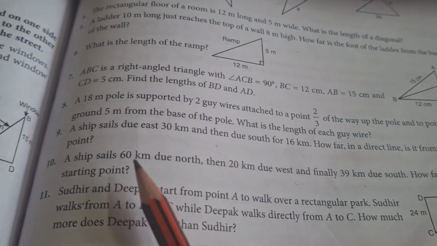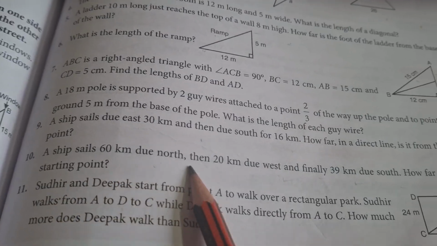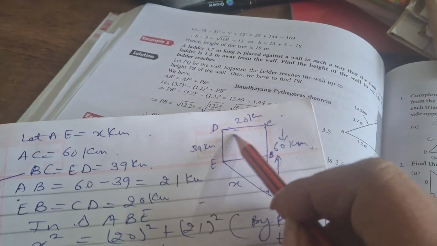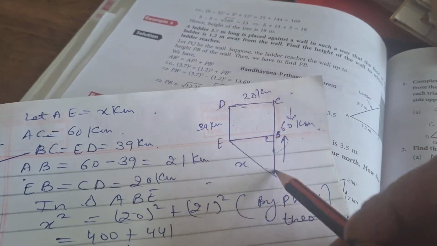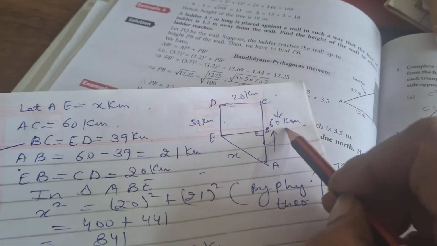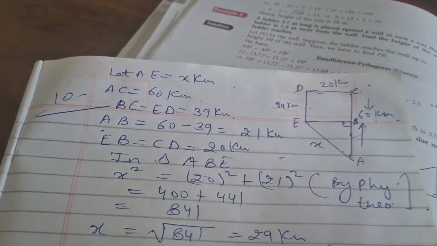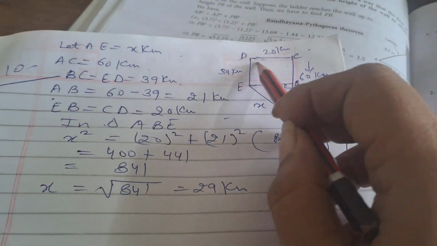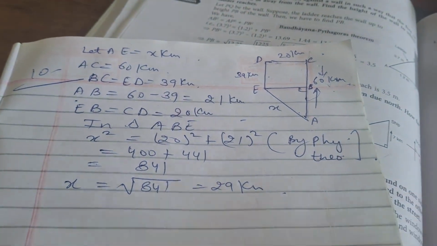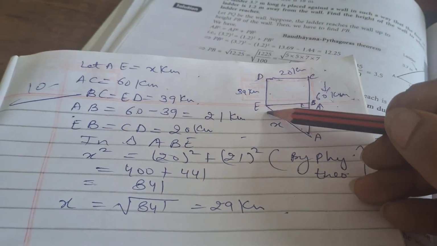I'm repeating this question again. A ship sails 60 kilometer due north. So first of all, due north, A to C, north. Then 20 kilometer due west, then 39 kilometer due south.